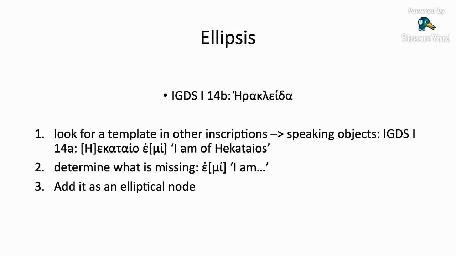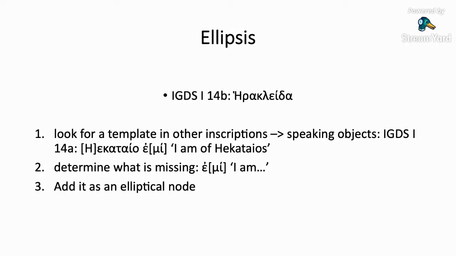So, for example, here you have just a genitive. And a way to proceed was to look for templates in other inscriptions. And so in this case, it was the case of speaking objects.